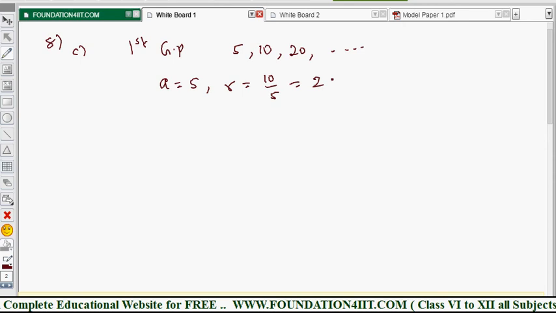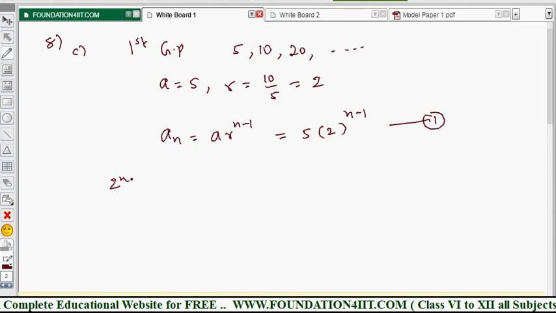Okay, a value and r value. Then the nth term: we know a n is equal to a into r to the power n minus 1. So 5 into 2 to the power n minus 1. This is a n, let me call it the first.